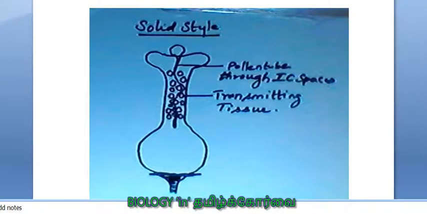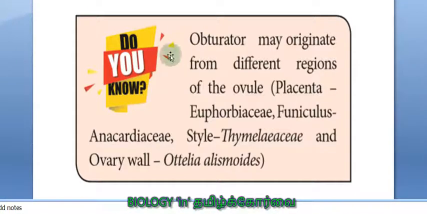The obturator may originate from different regions. It is a specialized tissue, made of specialized cells, which is responsible for directing the pollen tube into the micropyle so that it can go and fertilize the egg.